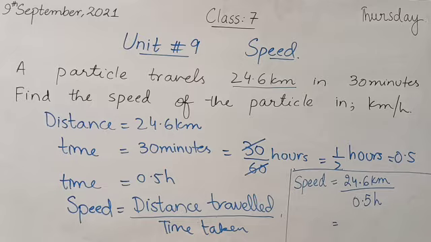Now divide 24.6 kilometer by 0.5 hours and you will find the speed, which will be in kilometer per hour. So divide 24.6 by 0.5.